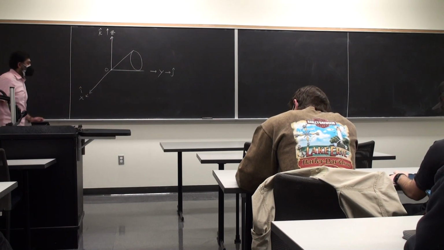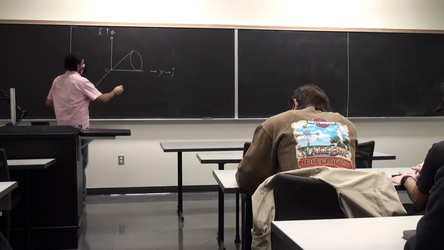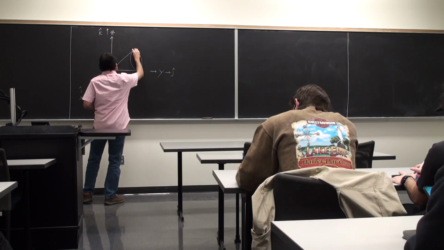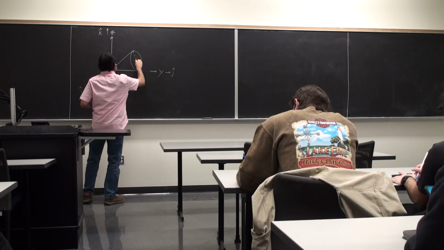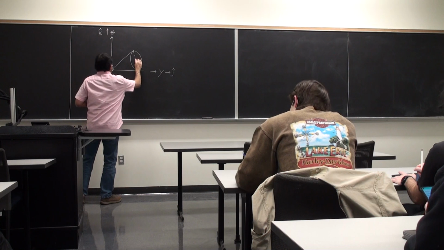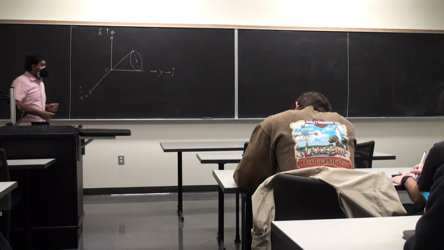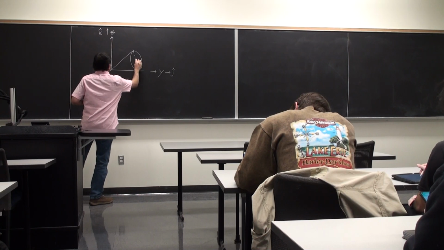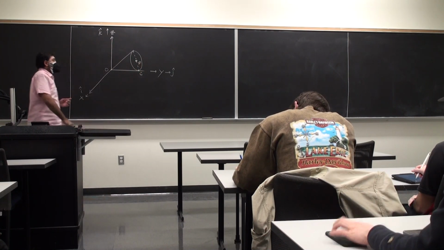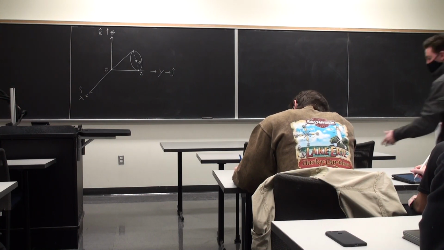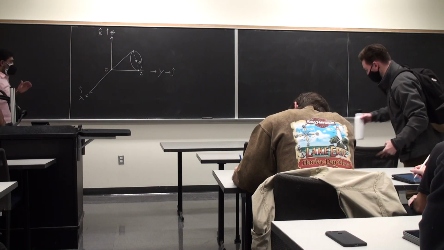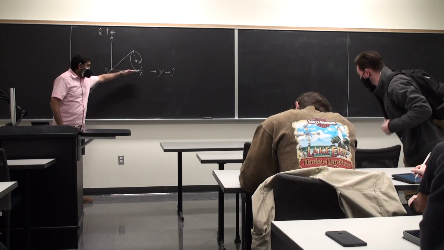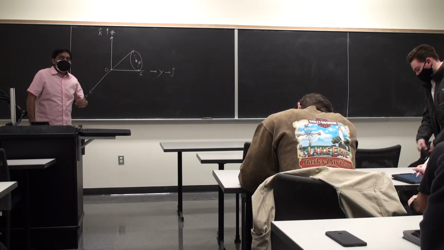Something to keep in mind. First of all, let me label the center of the cone as capital P. C is the point of contact of the cone, and so I have an entire line of the cone that is contacting the surface at any given instant in time.